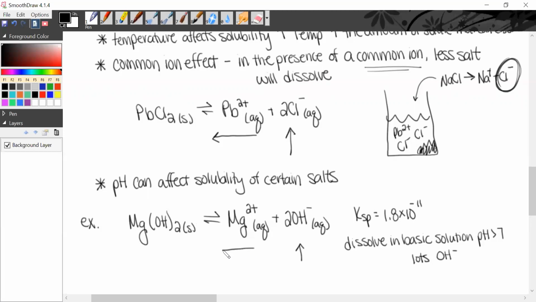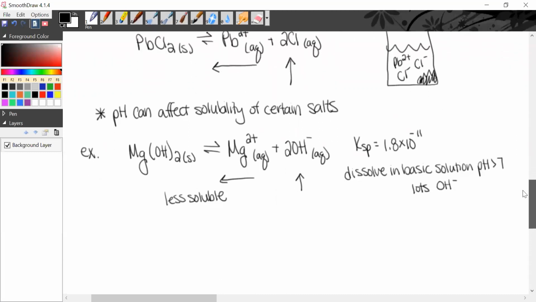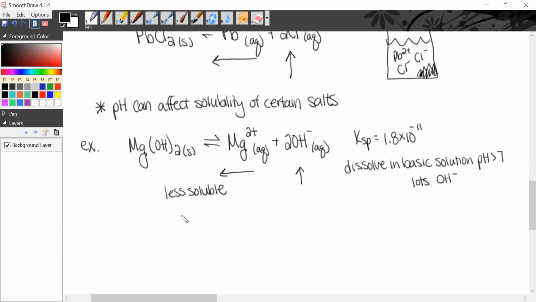That is going to make this salt less soluble. It's the same thing as the common ion effect, but we're just talking about the common ion being hydroxide. So this particular salt will become less soluble in basic solution.